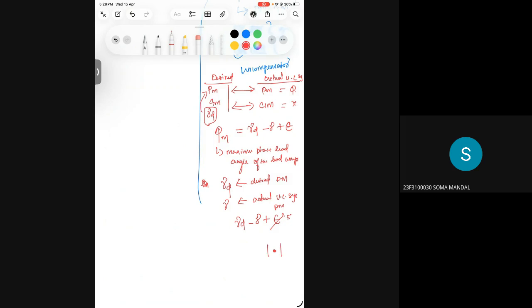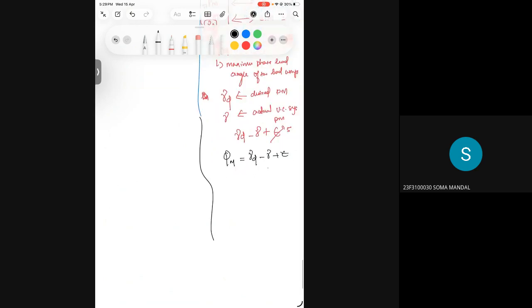That's it, here and there 5 of phase margin. So I'm considering some epsilon now. The overall formula looks like phi m is equal to gamma d minus gamma plus epsilon. This is your desired minus actual plus some value of epsilon, that is 5 in general.